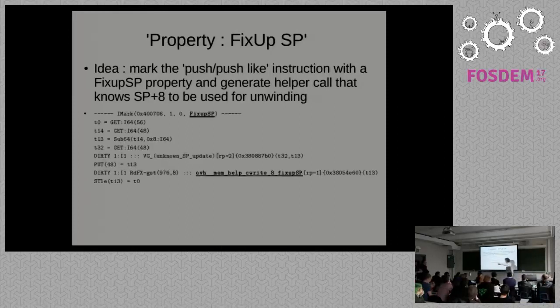So here, at instrumentation time, when this has been marked as fix-up SP, then in the generated code we call the same kind of helper, but indicating that the fix-up has to be done.